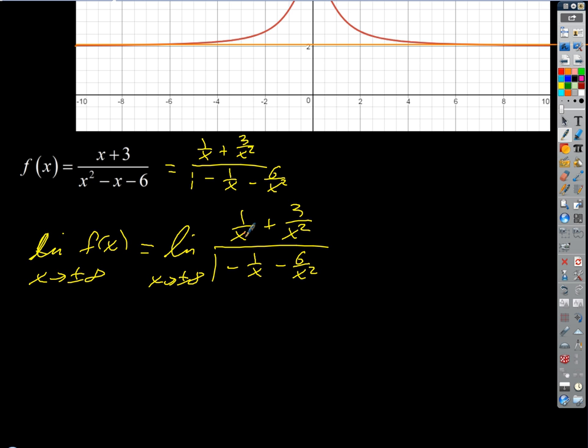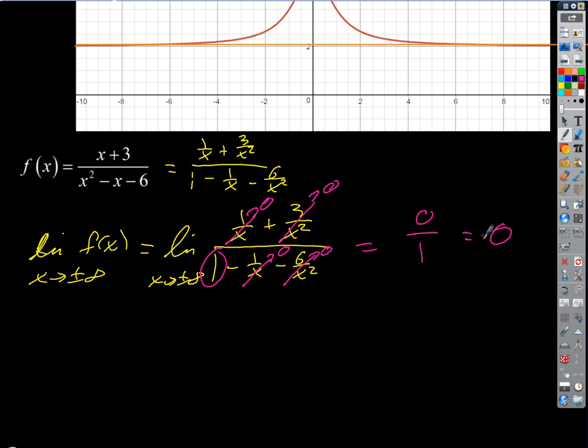Because the bottom of the fraction is exploding, the top is staying the same at 1, right? So that goes to 0. What about that? 0. That stays the same, right? That goes to 0, that goes to 0, and so what do we get? 0 over 1, well, what's 0 over 1? 0, yeah. Okay, so what's our rule?